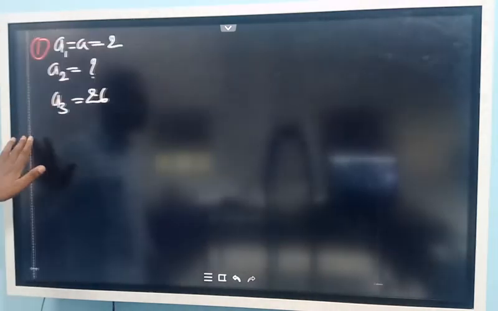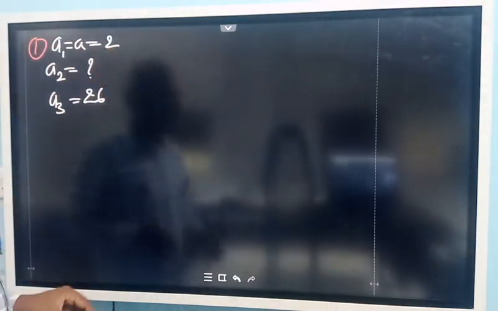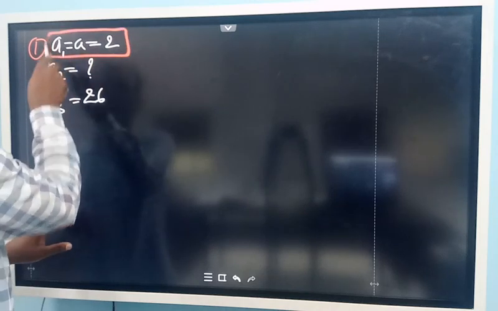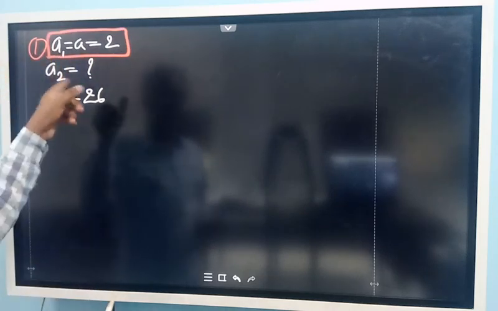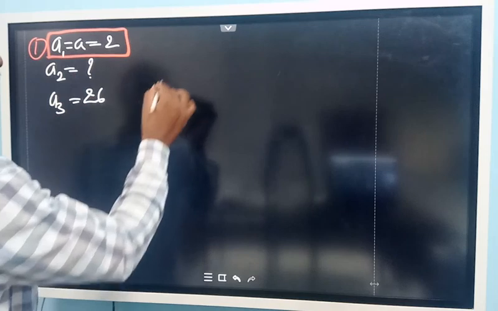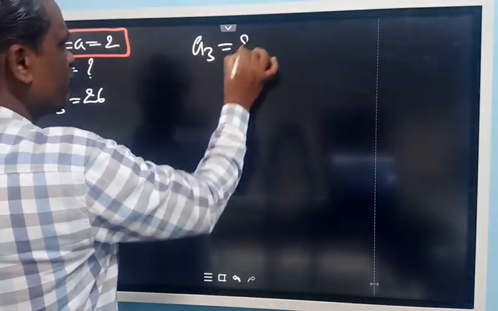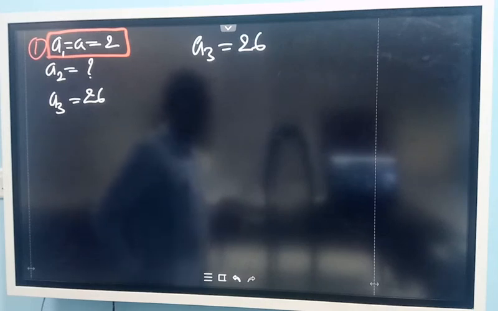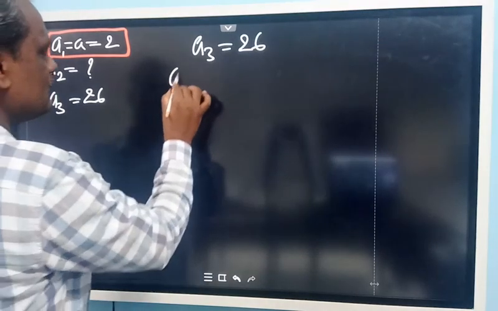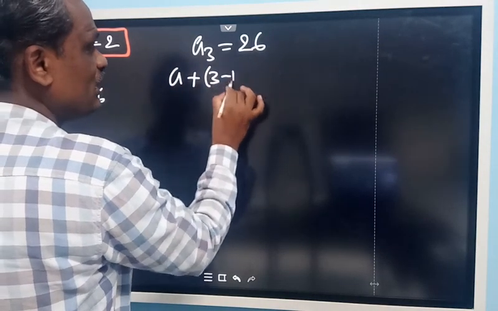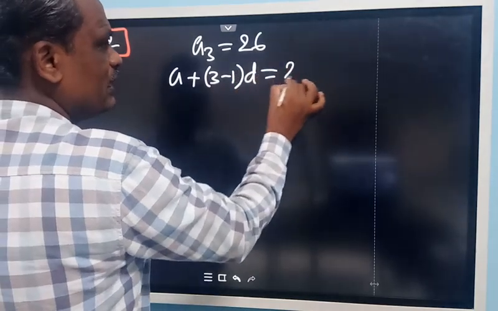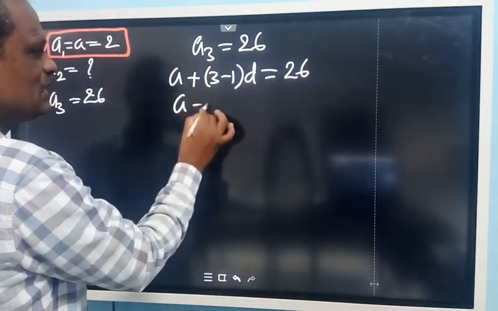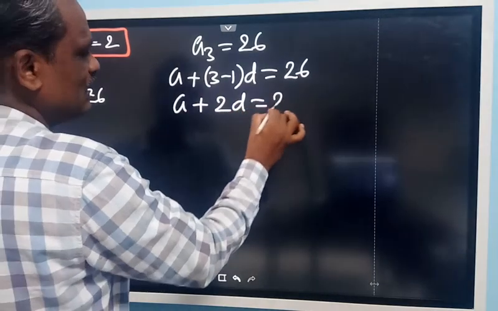Use the details now. a is equal to 2, you will get it from this one. We need to find out the second term, but we have the third term. So a3 is equal to 26. How to represent a3? a3 is nothing but a plus (3 minus 1) into d, it is equal to 26. That means a plus 2d is equal to 26.